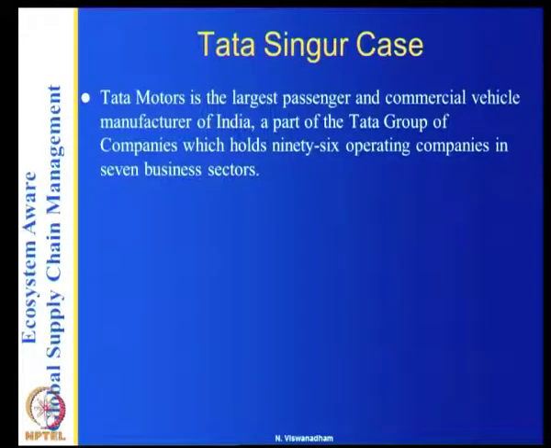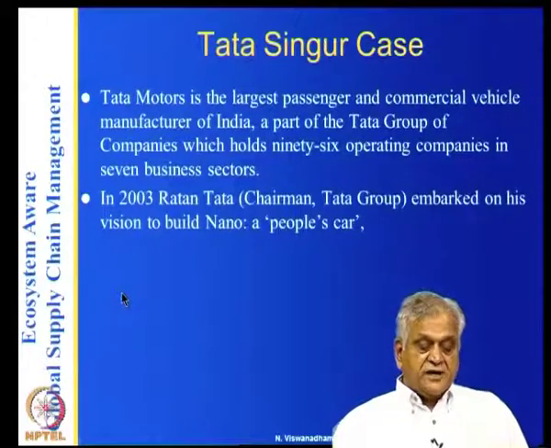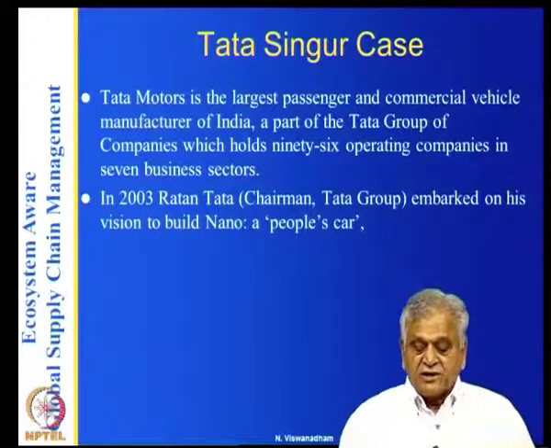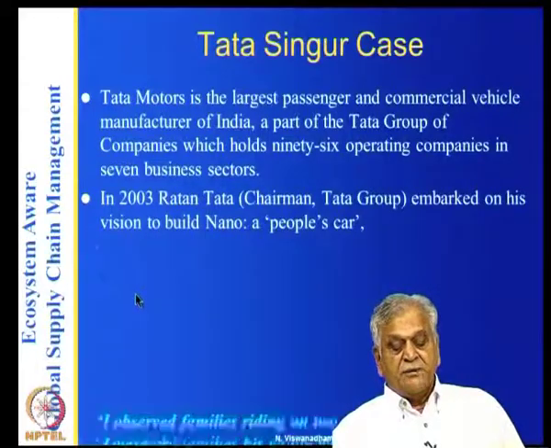Tata Motors is the largest passenger and commercial vehicle manufacturer of India, part of the Tata Group of companies, which holds 96 operating companies in 7 business sectors. The Tatas are a very famous company in India. In 2003, Ratan Tata, chairman of the Tata Group, embarked on a vision to build the Nano, a people's car.